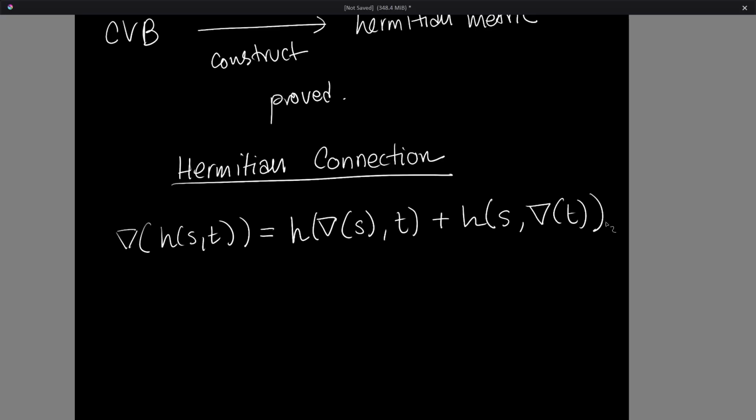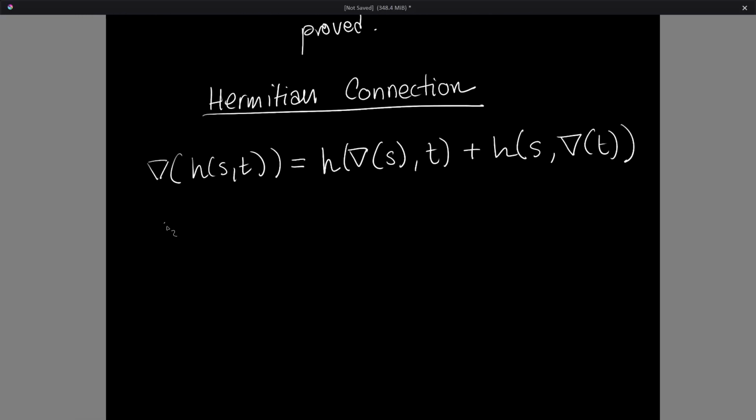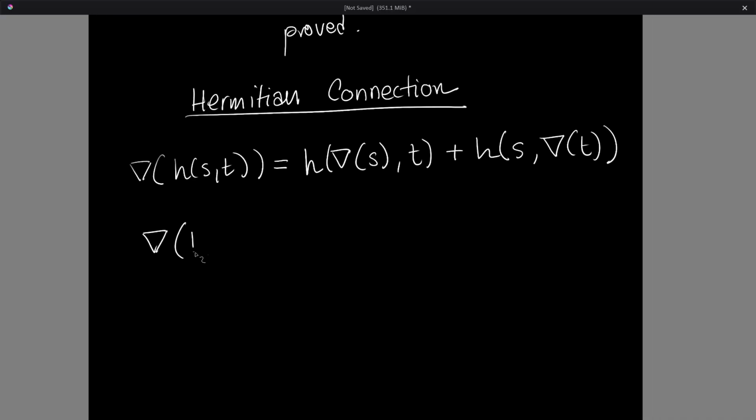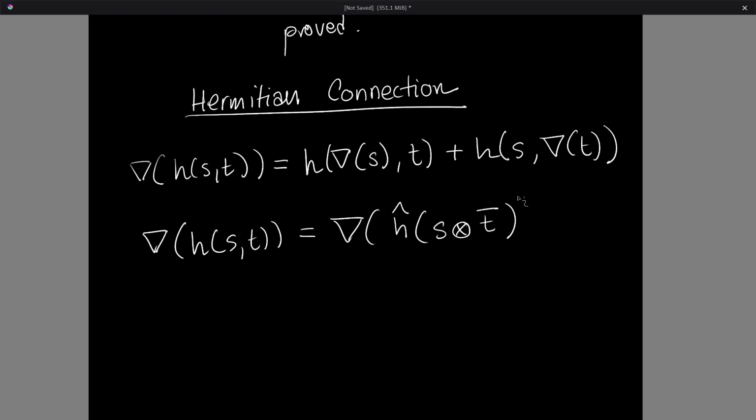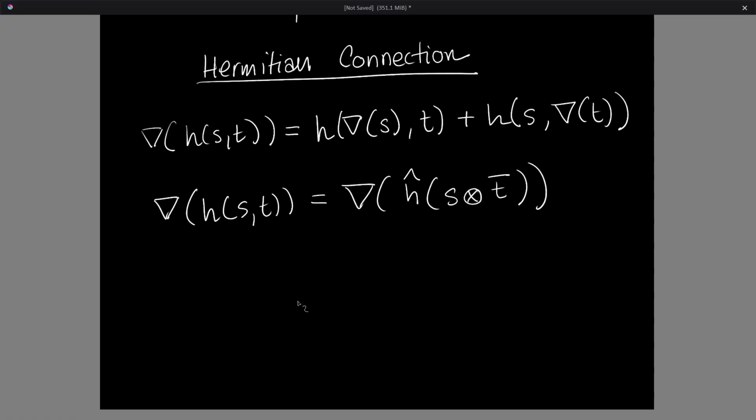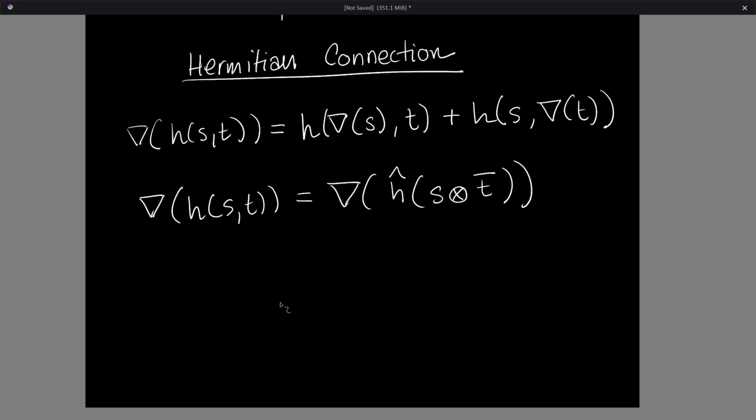And if we rewrite this in terms of h hat, then it becomes much more easily understandable. So let's try to rewrite both sides of this equation in terms of h hat. So h of s, t is equal to nabla of h hat of s tensor t bar, right? That's the equivalence between the two. So I've just replaced it with whatever it was equivalent to.